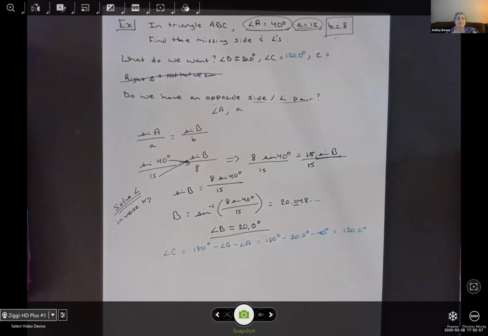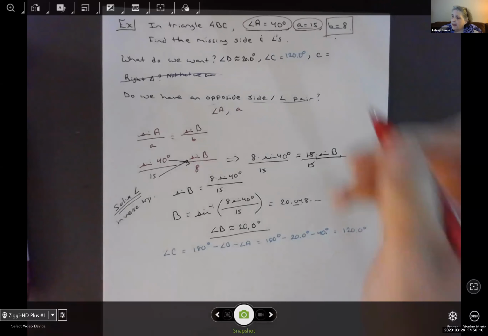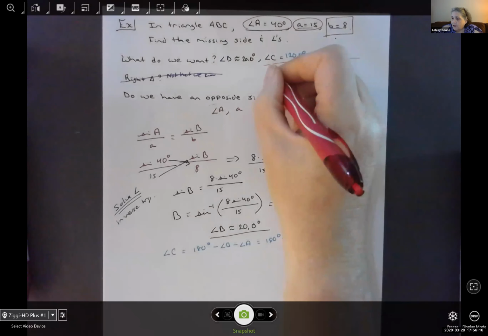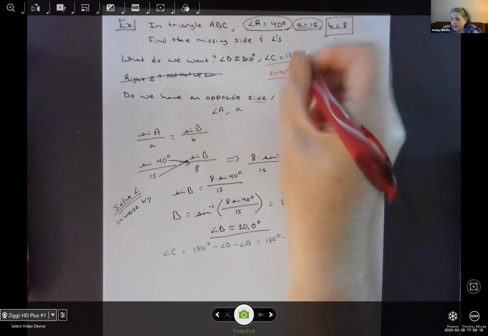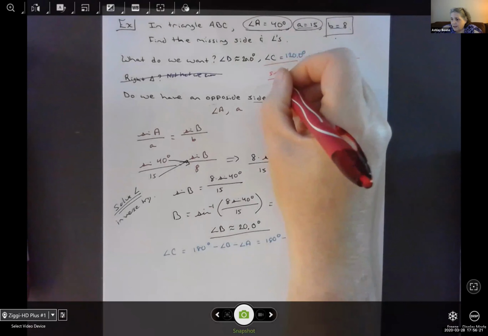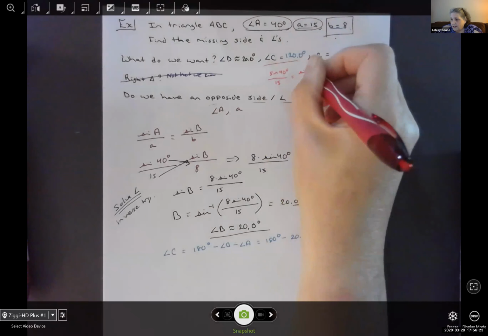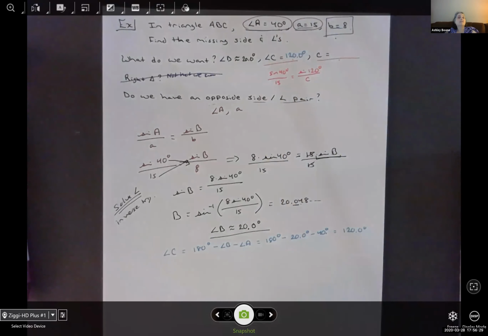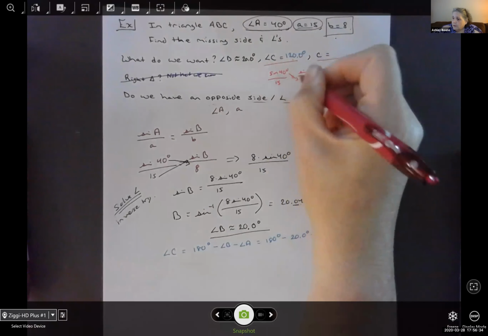Now, side C, I'm actually not finished. This is not my final answer, and I'm going to explain this in just a second. But for this situation, I can get C because now I have angle C. I'm looking for side C. I knew angle A and B. So I can go the sine of 40 degrees, that's A, is to side A, 15, as the sine of 120 degrees, which is C, is to side C. And I can use the law of sines again. So I'm having to use the law of sines a second time, and I cross multiply.